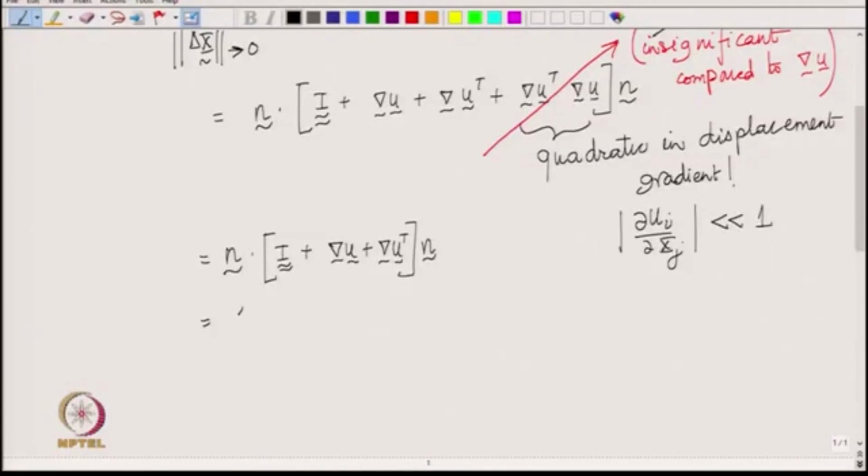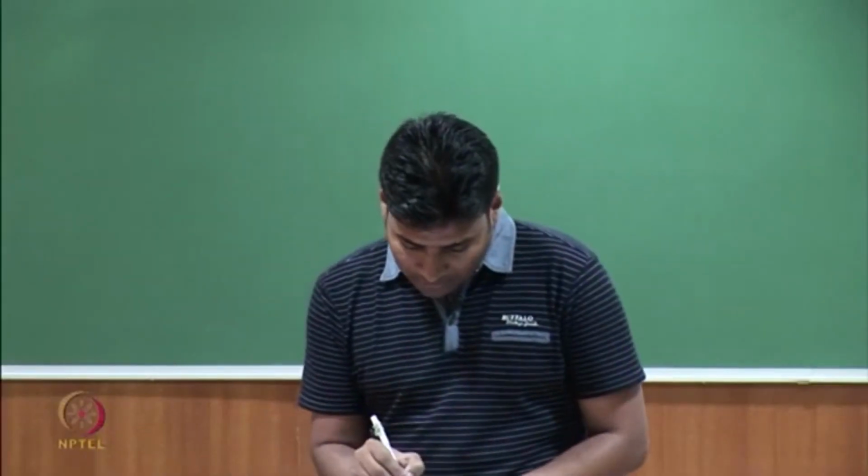So, the first term gives you 1, and then the second term gives you grad u plus grad u transpose of n, and then the whole thing is further dotted with n, right. So, that is the lambda square.